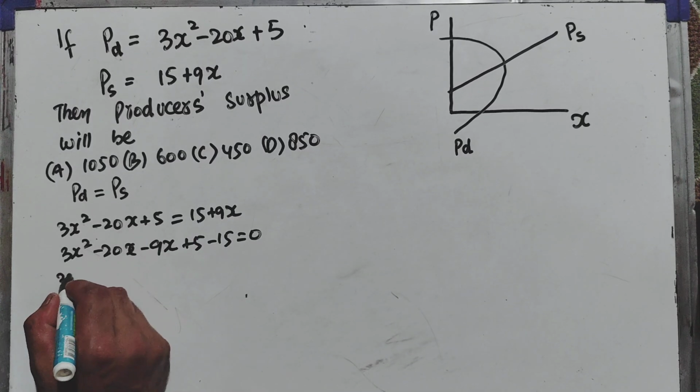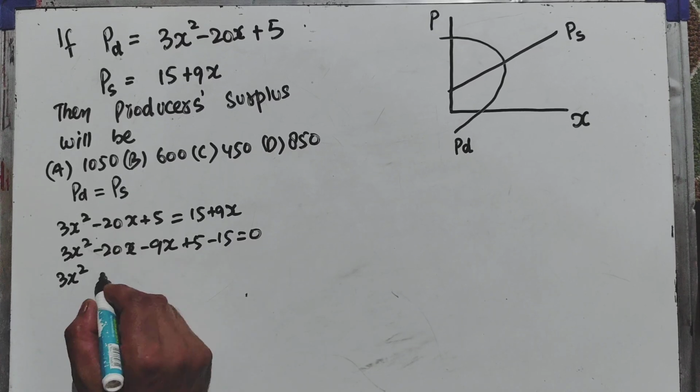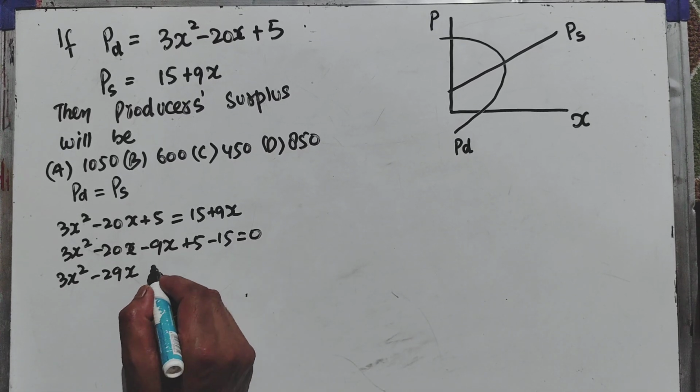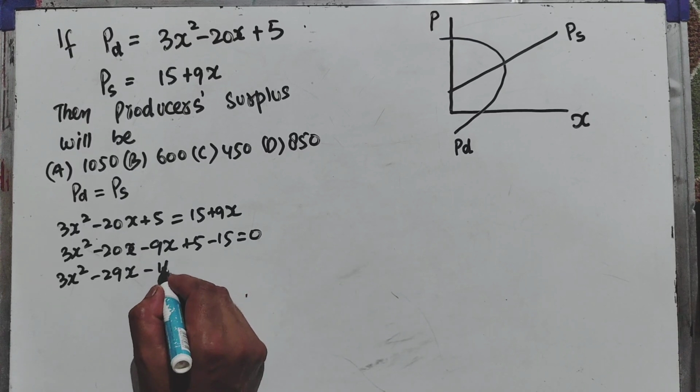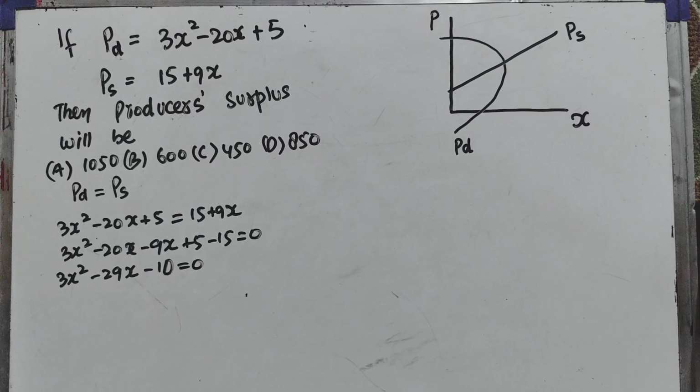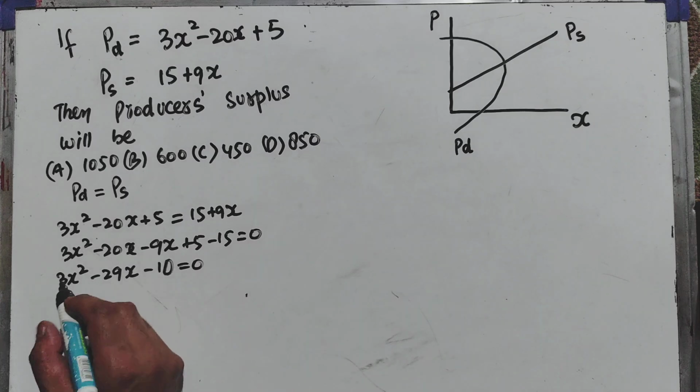So here we get 3x² − 29x, then we have 5 minus 15, which is negative 10, and we set it equal to 0. This is a quadratic equation, and we will solve it using the quadratic formula. Here the coefficient of x², let us say a, is 3.